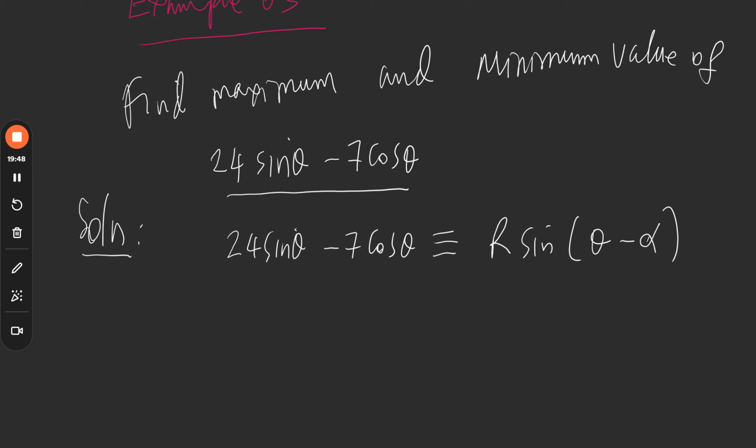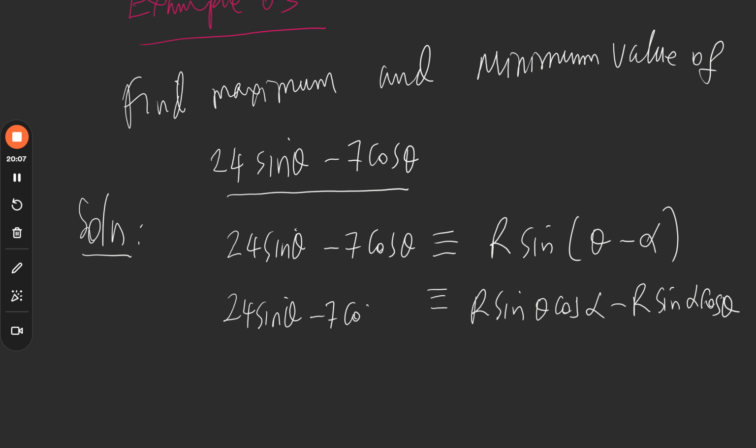So let us expand this, and this is equivalent to r sine theta cosine alpha minus r sine alpha cosine theta, and this is 24 sine theta minus 7 cosine theta.